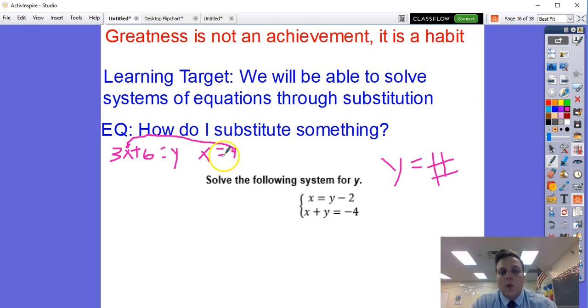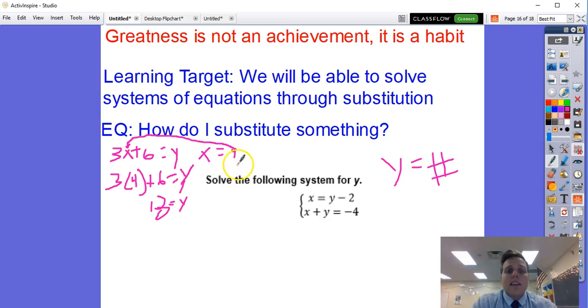Since you know that x equals 4, you could say 3 times 4 plus 6 equals y. So then you would be able to say, oh, y is clearly equal to 18, because 3 times 4 is 12, 12 plus 6 is 18. So you'd finish this problem by saying 18 equals y. That's what substitution is. It's just plugging in.